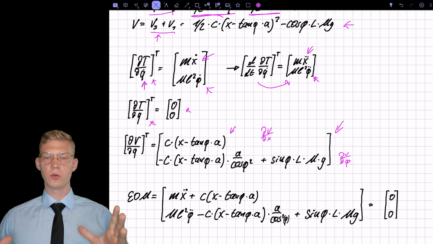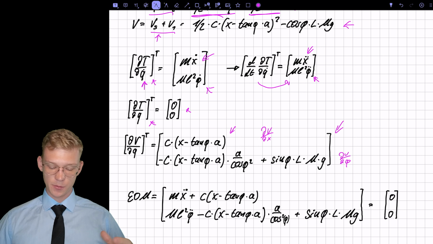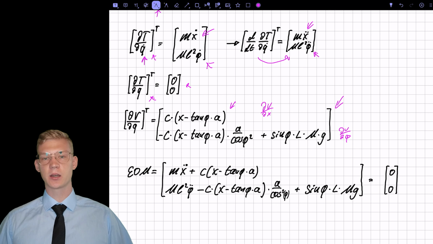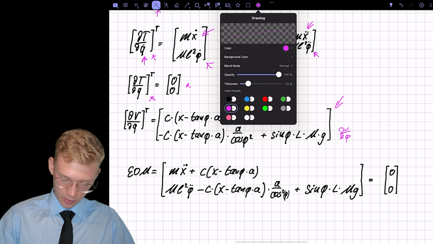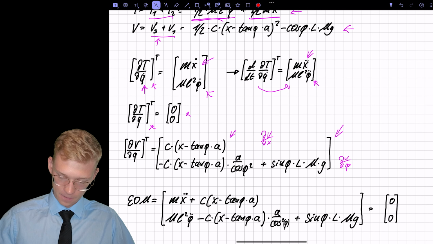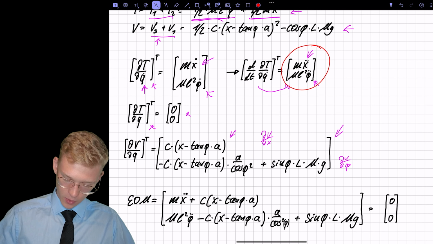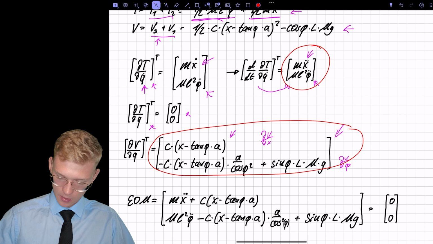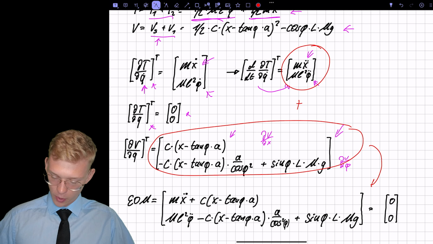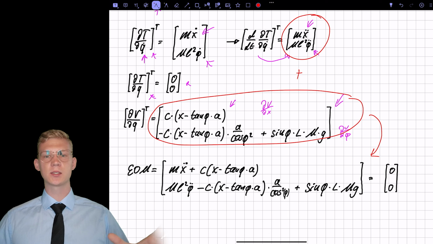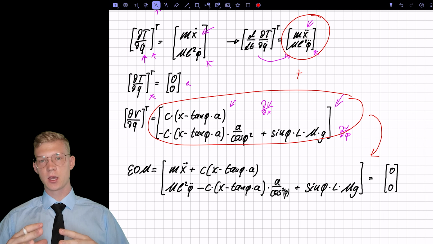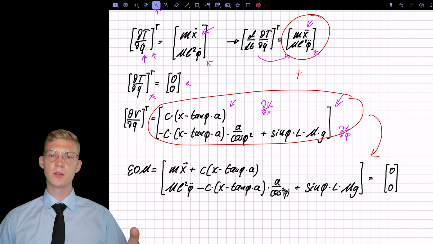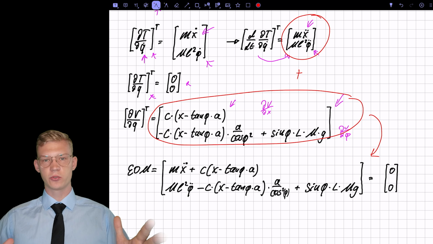The last thing to do is to summarize these terms that we just found, and these are our equations of motion. So we add this term with this term, and we get our equations of motion. And this is all we have to do. Just get the potential energy, the kinetic energy, then do some derivatives, add them back together, and you're done.